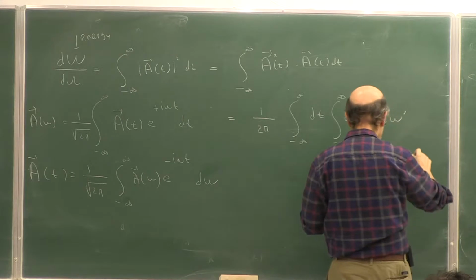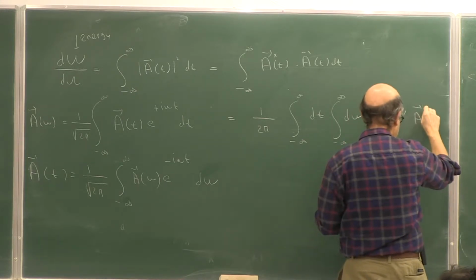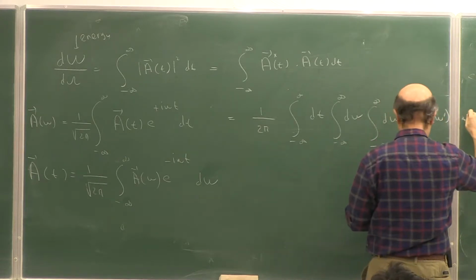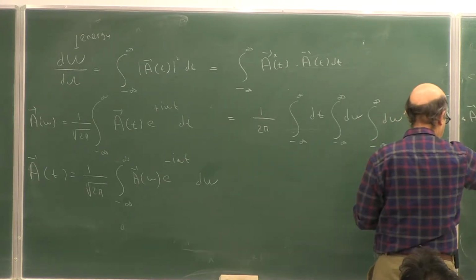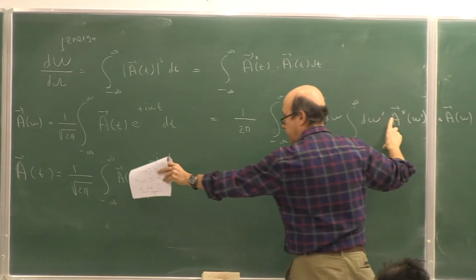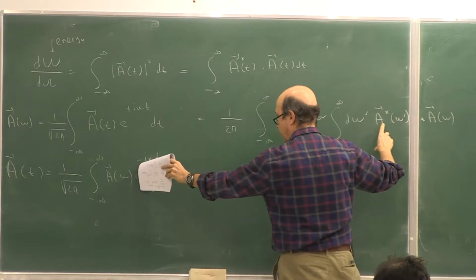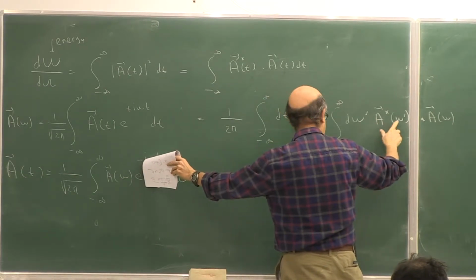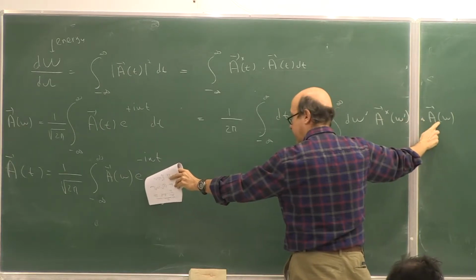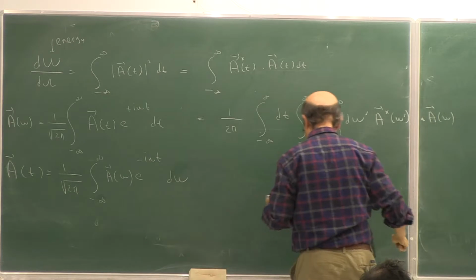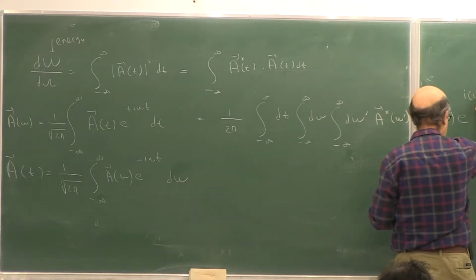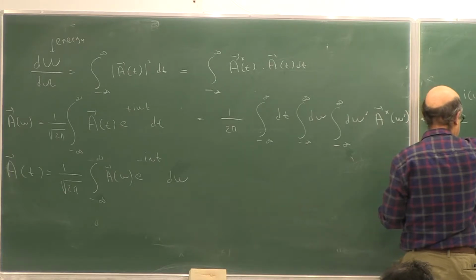Then we will have A complex conjugate of omega prime dot A of omega, and if you have the complex conjugate of this, you will have the exponent in the following form: e to the i omega prime minus omega t.